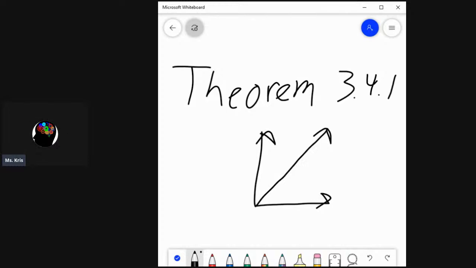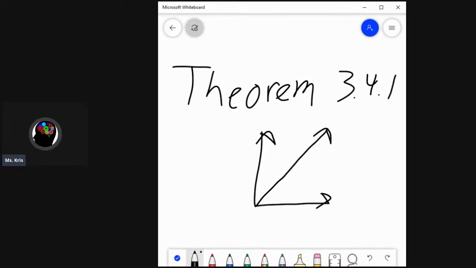Now you may see angles that have multiple rays coming out of them, but it won't be a bisector. So theorem 3.4.1, there is one and only one bisector for a given angle.